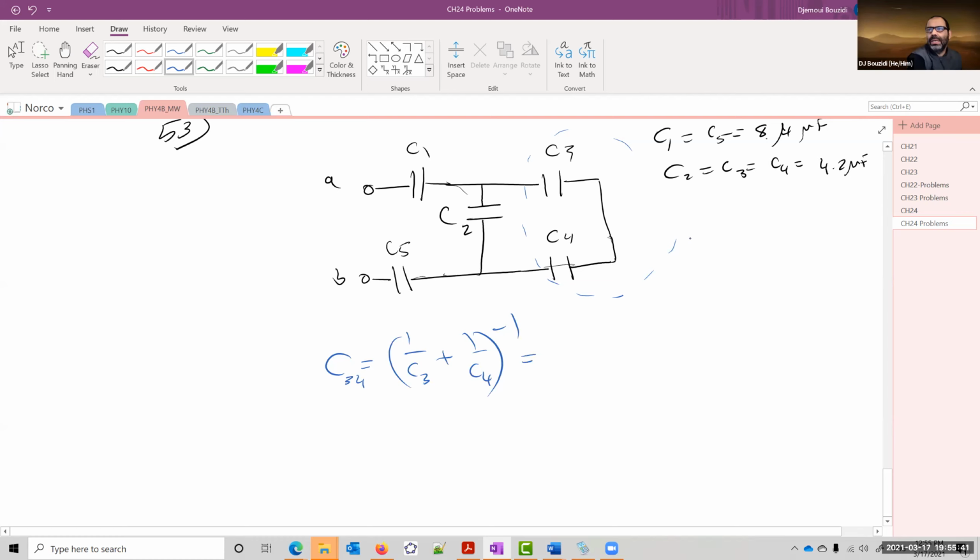Since both of them are numerically the same value, it's just 2 divided by 4.2, to the -1, and the answer is in microfarads. So 4.2 divided by 2, that's 2.1. When you invert 1 over 2.1, it's going to be 2.1. So I don't even need a calculator for this one. So we have found C34.